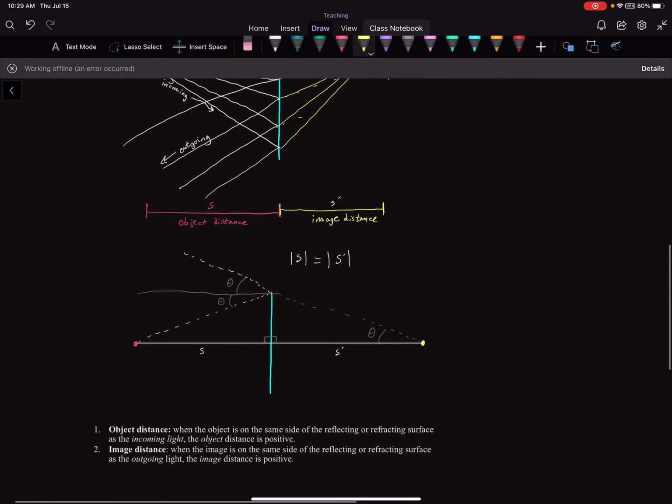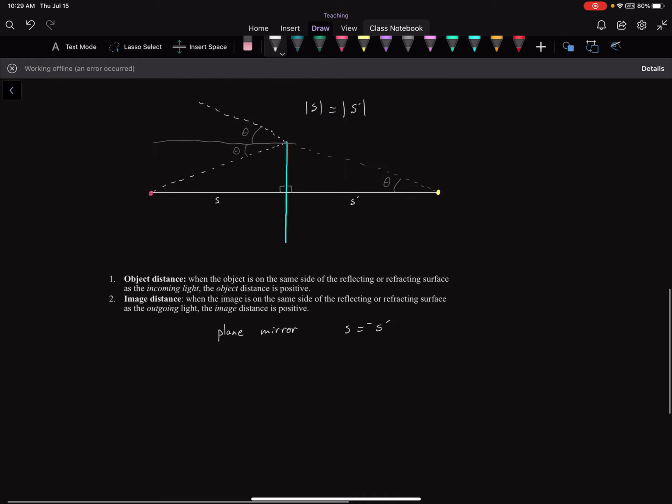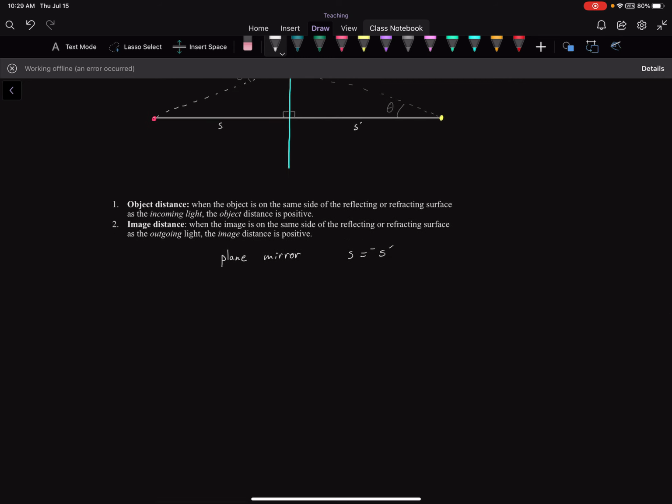And so that means that for a plane mirror, we have positive object distance and negative image distance. And that's why we had to talk in terms of just magnitude before, because we needed that negative sign to be accounted for. All right.